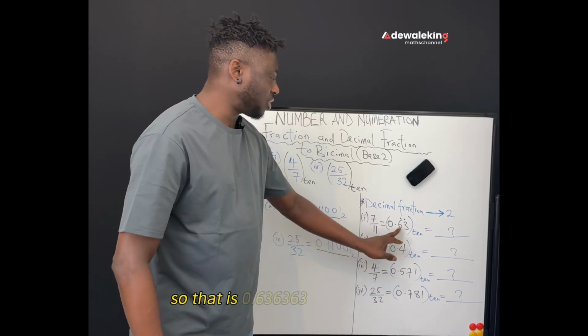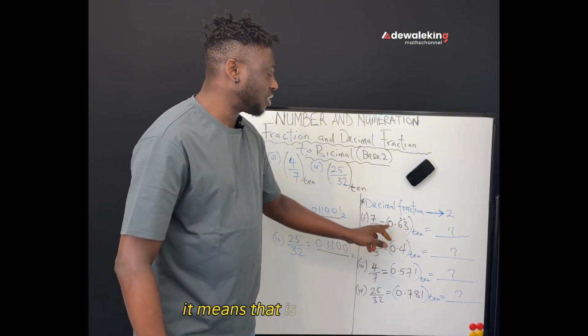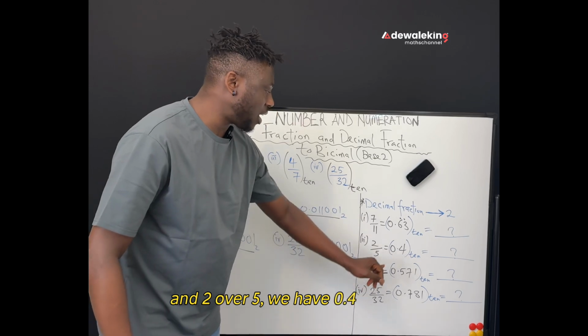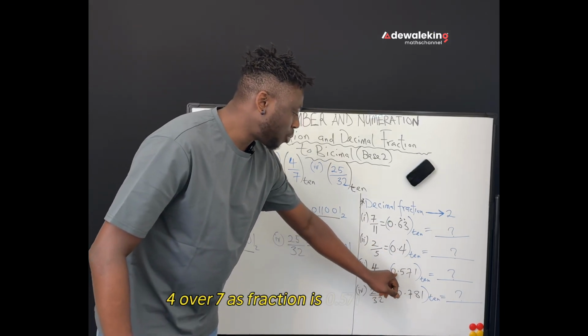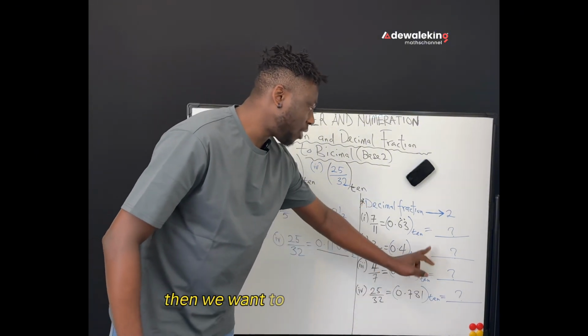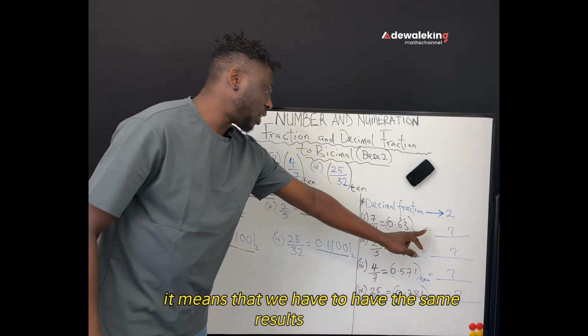So that is 0.636363. That's why we have these 2 dots. It means that it is a recurring fraction. And 2 over 5, we have 0.4 as a decimal fraction. 4 over 7 is 0.571 as a decimal fraction. Then we want to find the answer in base 2. It means that we have to have the same result as this.